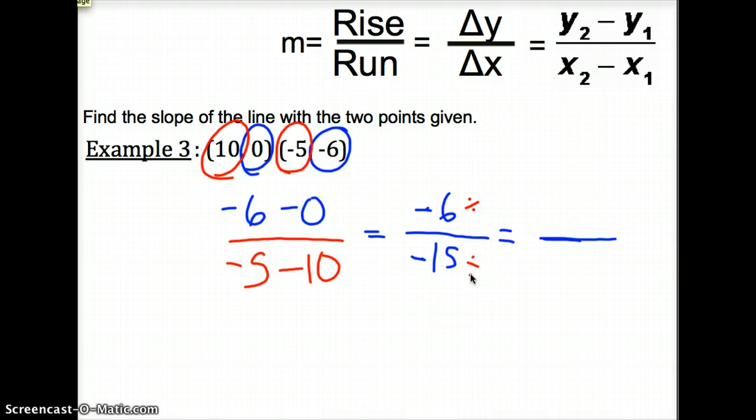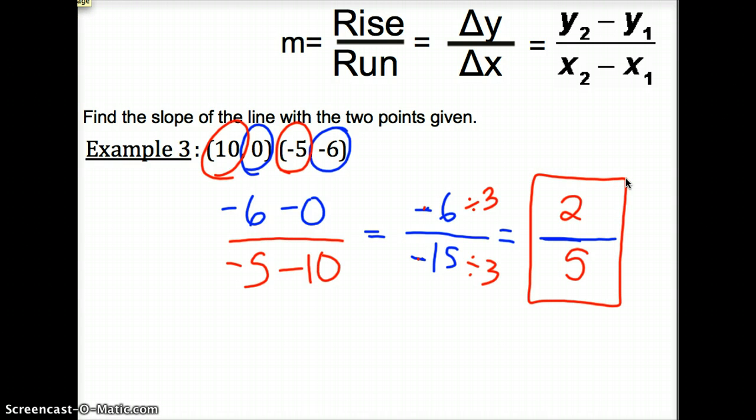It looks like the number 3 goes into top and bottom, so I'm going to divide by 3, and I'm going to get 2 over 5. Remember, I canceled these two negatives because a negative divided by a negative is a positive, and now I have my solution, 2/5.